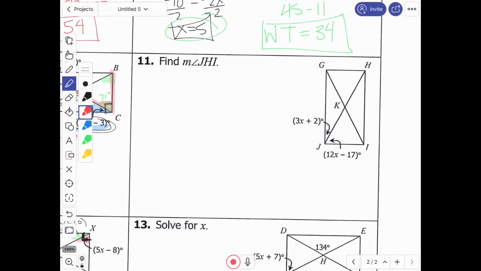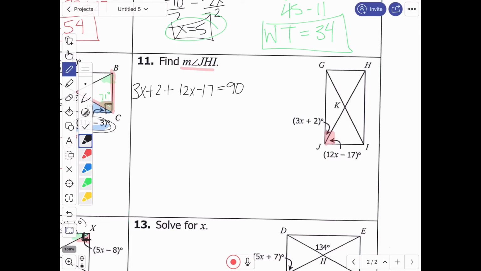Alright, so in this one, I'm not even going to pay attention to this part first. I'm just going to look at my picture. Right away, you should notice that these two angles are forming a right angle. So if you want to start, you can start by doing 3x plus 2 plus 12x minus 17 equals 90 degrees.